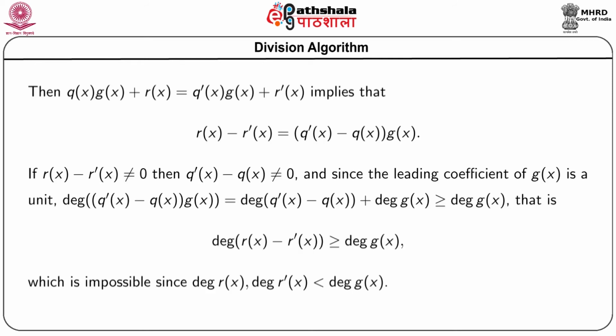Then q(x) into g(x) plus R(x) equal to q'(x) g(x) plus R'(x) implies that R(x) minus R'(x) equals (q'(x) minus q(x)) into g(x). If R(x) minus R'(x) is non-zero, then q'(x) minus q(x) is also non-zero. But since the leading coefficient of g(x) is a unit, the degree of the product of q'(x) minus q(x) and g(x) becomes the sum of their individual degrees, which is greater than or equal to the degree of g(x).